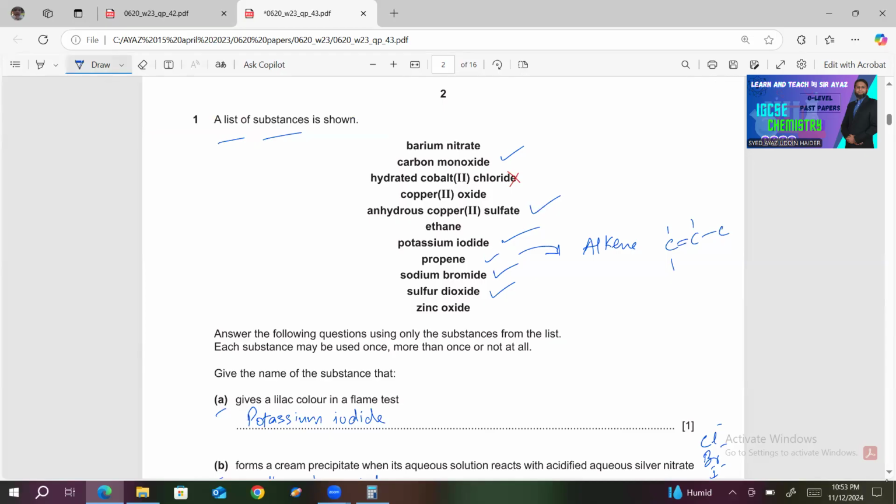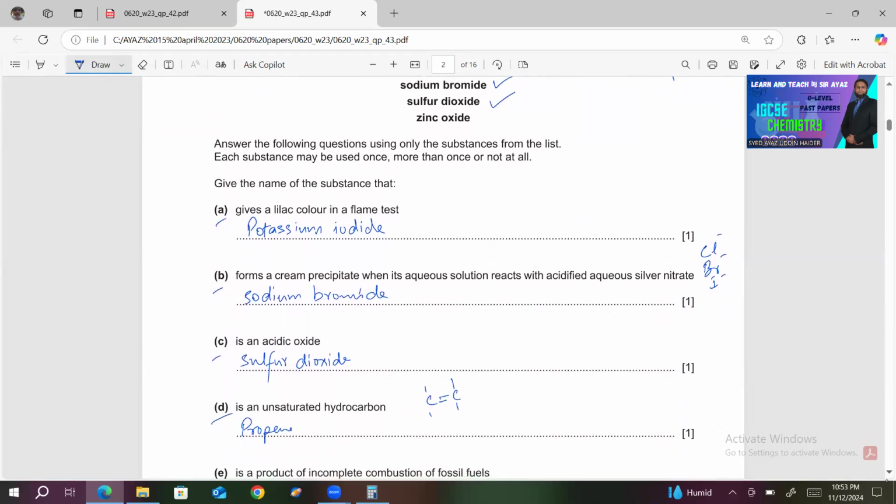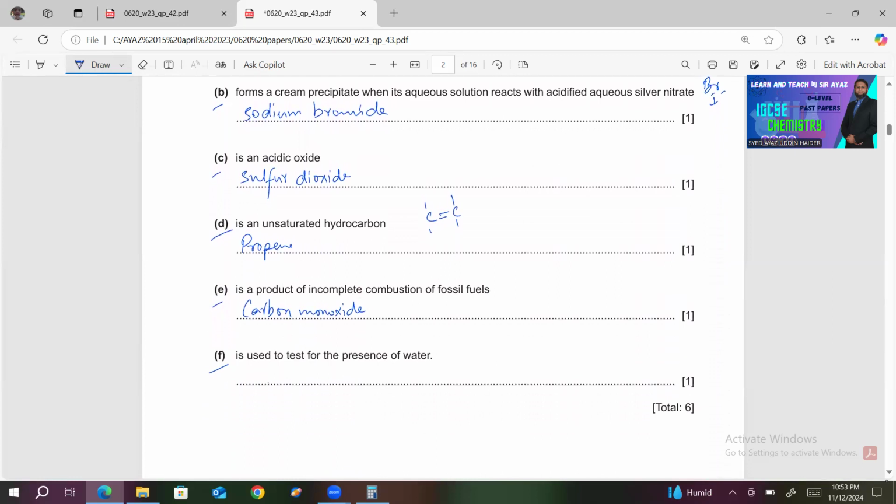So anhydrous copper 2 sulfate can be used to check the presence of water because this will react with water to form hydrated salt. So you write anhydrous copper 2 sulfate. You have to write the full name, anhydrous copper 2 sulfate.